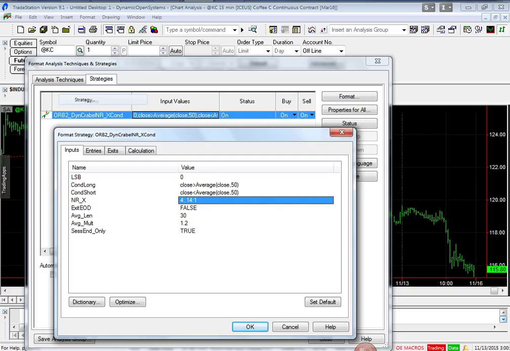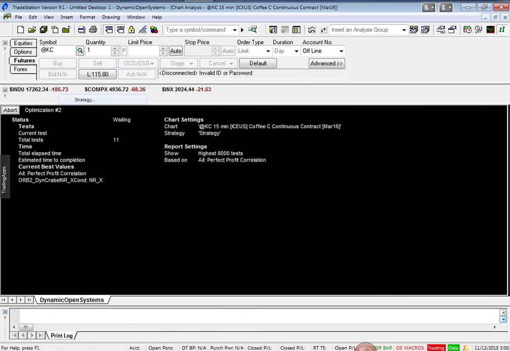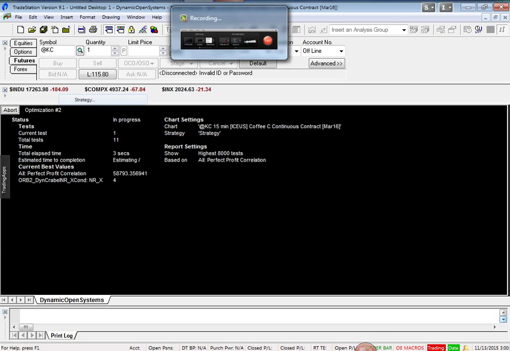So this restricts how often we trade. So if narrow ranges lead to better trades, the more we restrict it, the better our trades should be. So we're going to go here in TradeStation and do our optimization.